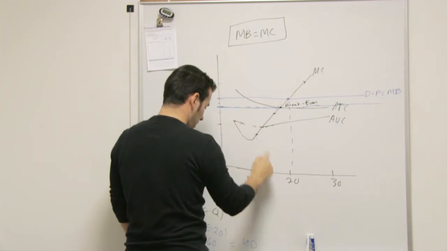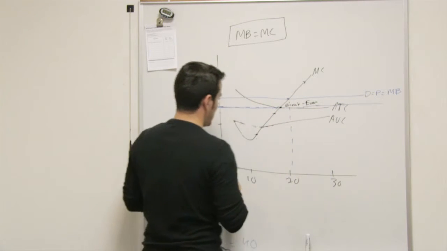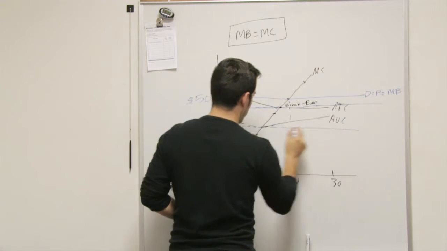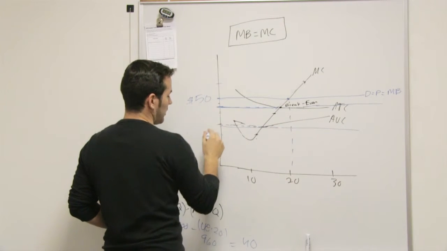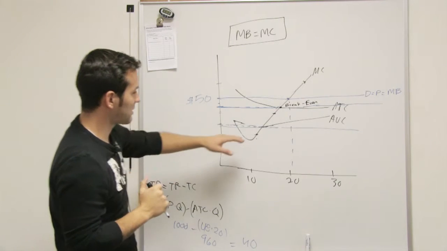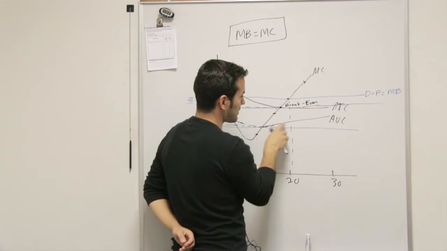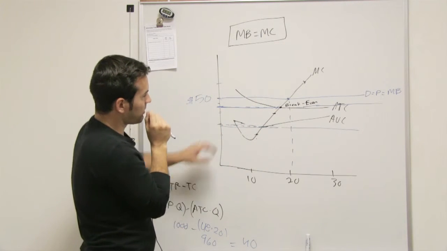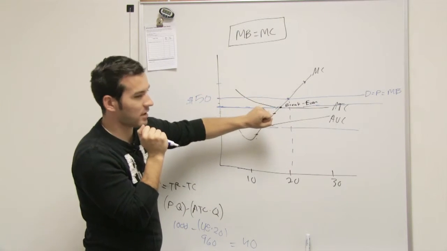And then now the other point that we're interested in is this point right here. What if the price were down here? And what happens there is you can see these variable costs. The difference between here and here is your fixed costs, right?